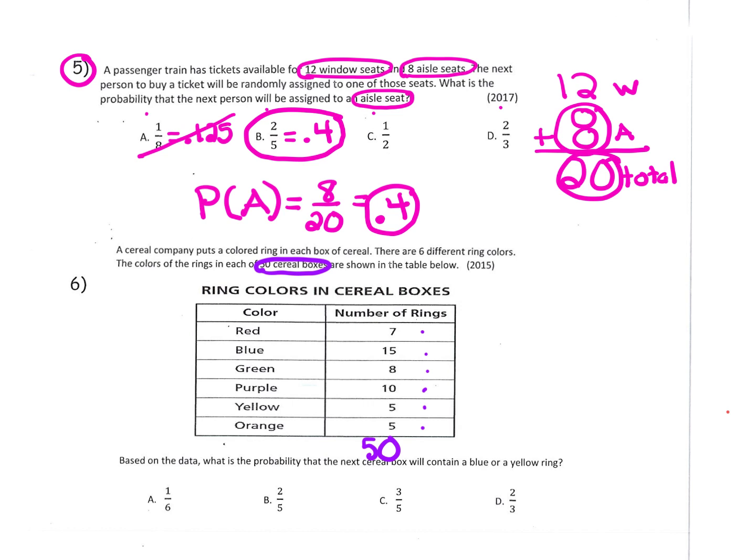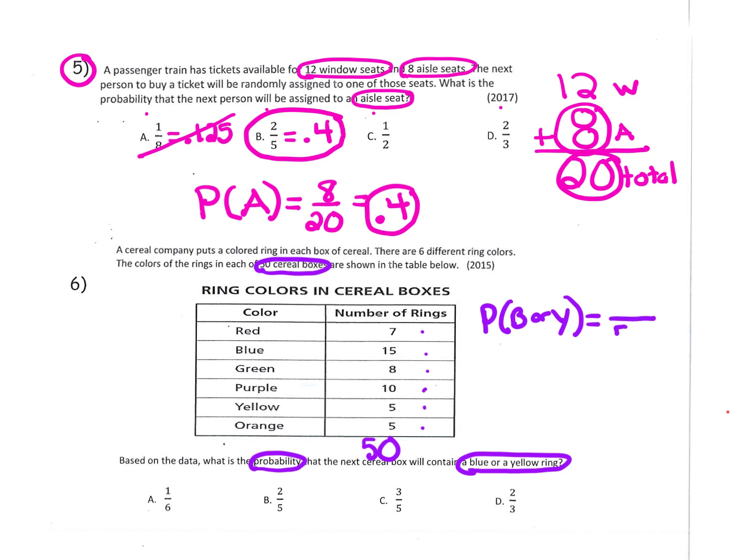Now, it says based on the data, what is the probability, you should think fraction to start, that the next cereal box will contain blue or yellow rings. So the probability on a single draw of blue or yellow.